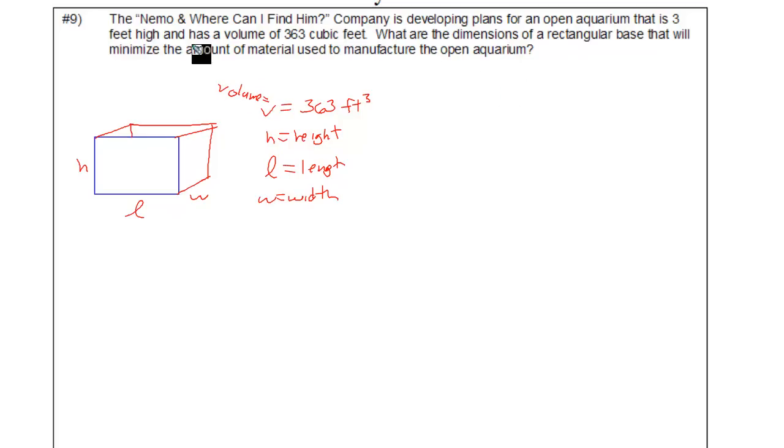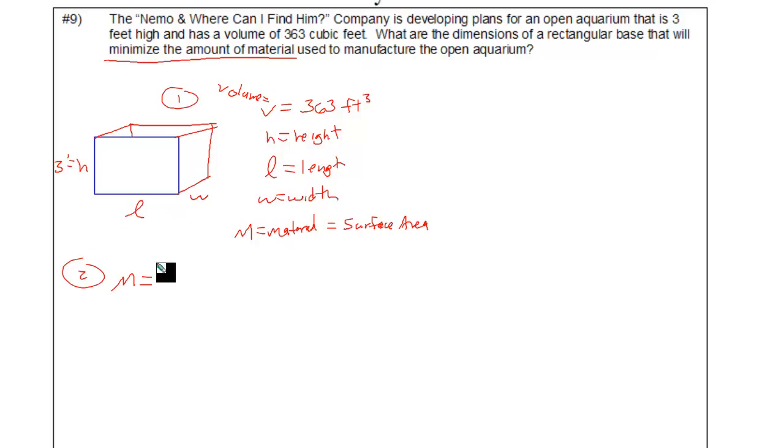What are the dimensions that will minimize the material? Material means the surface area. So we need a material function, also known as surface area. So this is step 1, defining your variables. Also, we were told that the height is 3 feet. So, material, or surface area.